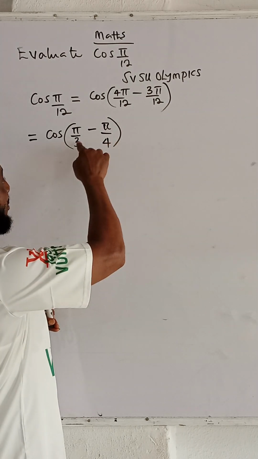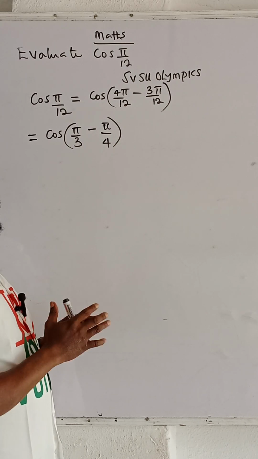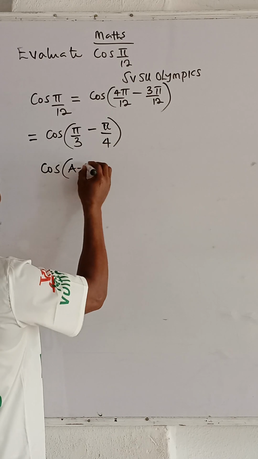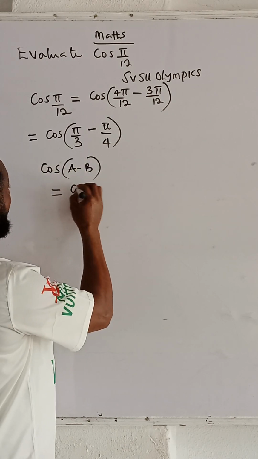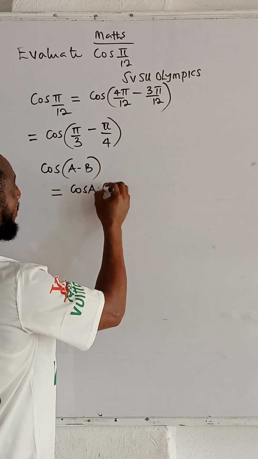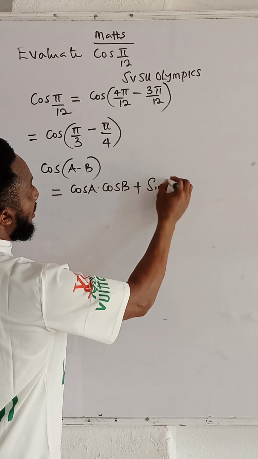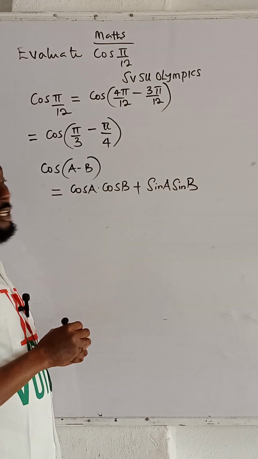If we move forward, this is a compound angle, then we are going to use the addition formula. But we know that the cosine of angle A minus B is the same thing as the cosine of angle A multiplied by the cosine of angle B plus the sine of angle A multiplied by the sine of angle B. So this is the addition formula.